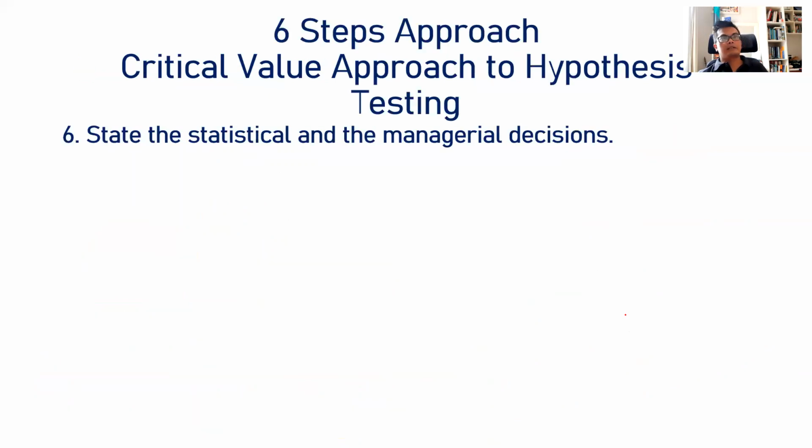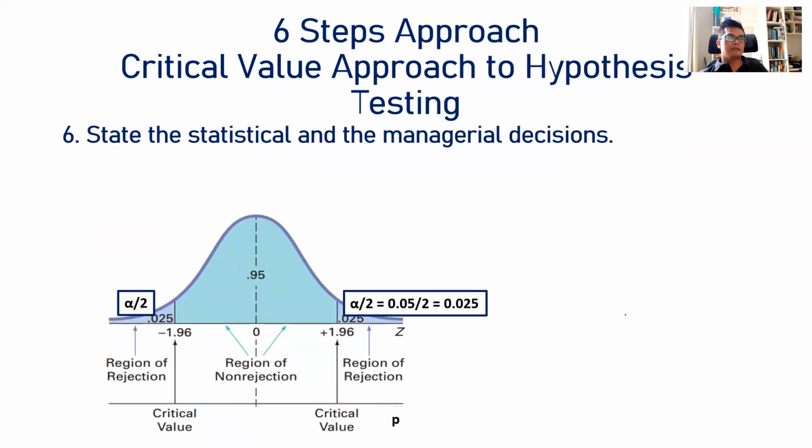Now we come to the very last step, which is very easy: state the statistical and managerial decisions. We have this chart of regions of rejection and non-rejection.